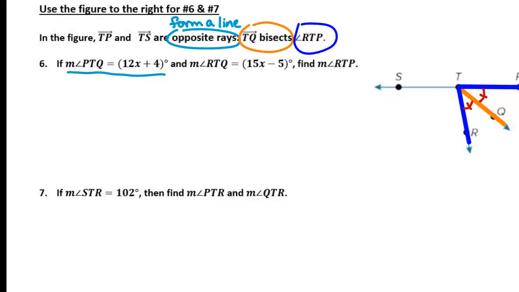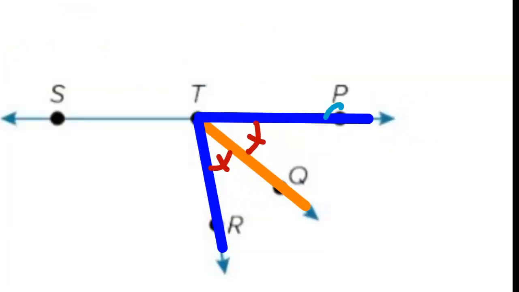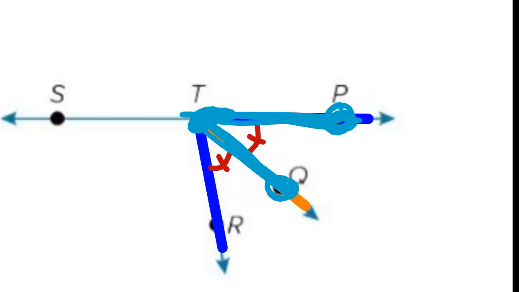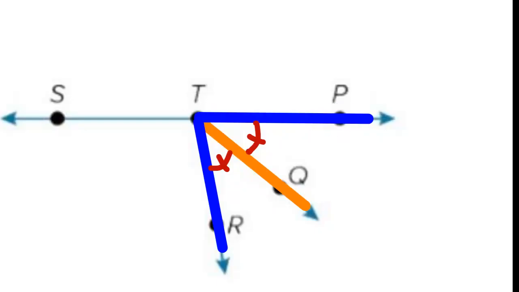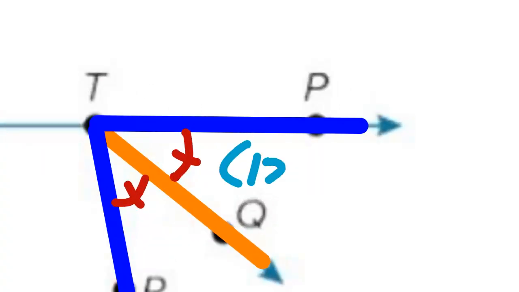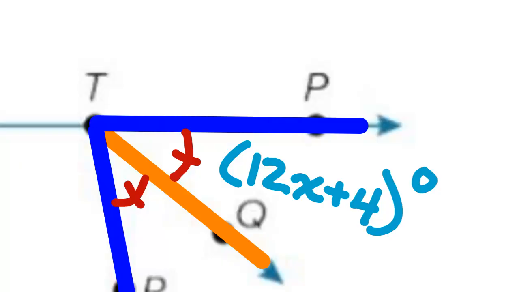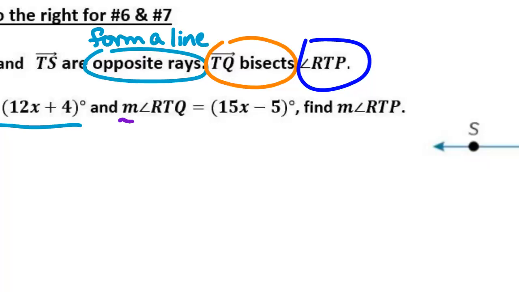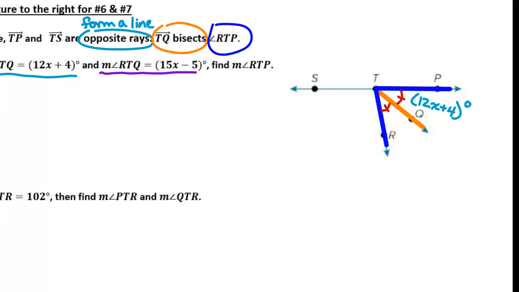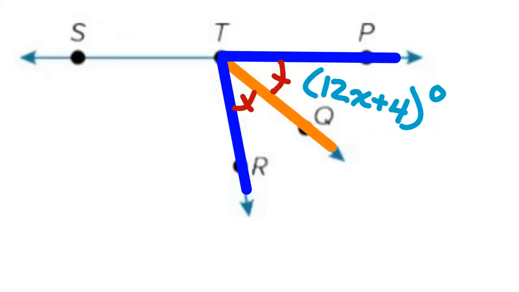PTQ, P over to T down to Q, is 12x plus 4. And then RTQ, starting at R, up to T, down to Q, is 15x minus 5.